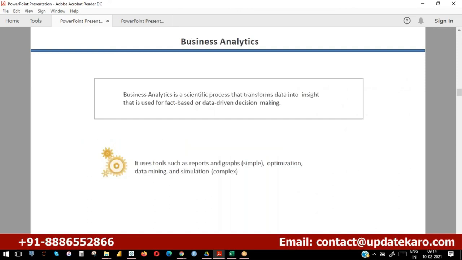So what is business analytics? Business analytics is a scientific process that transforms data into insight that is used for fact-based or data-driven decision making. I don't have to explain this once again, right?